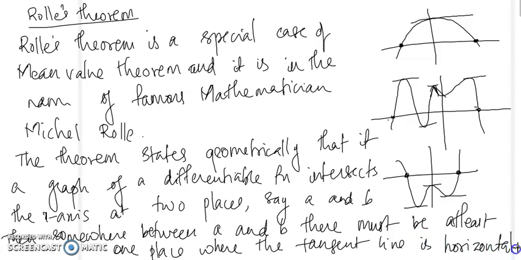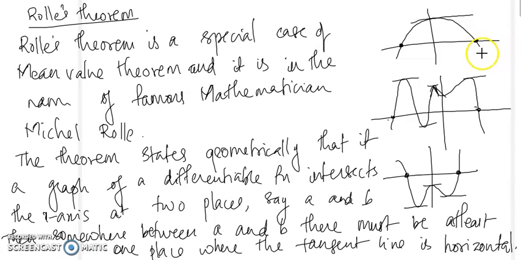Now when the tangent line is horizontal, that means your tangent line is parallel to the x-axis. So in that case, the slope will be equal to 0. Our function is differentiable, the tangent line is horizontal, so slope equal to 0 means your function has a 0 derivative at that point. So when you write it theoretically, that's how we state Rolle's theorem.